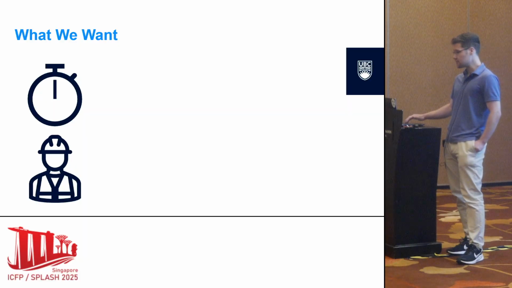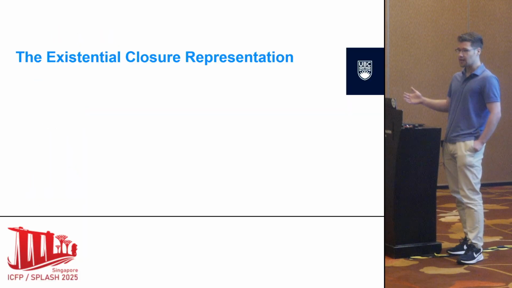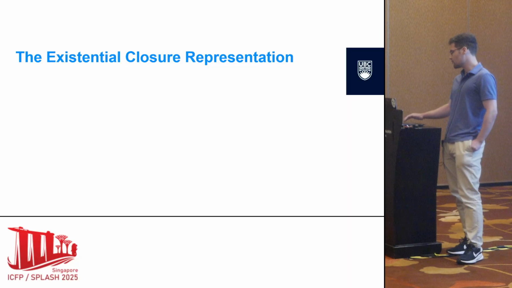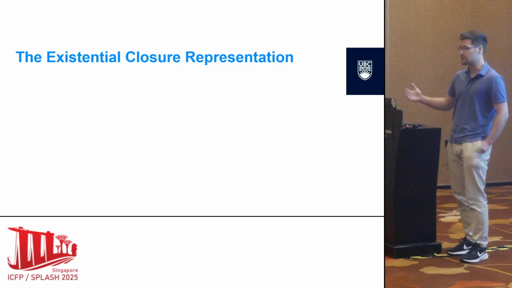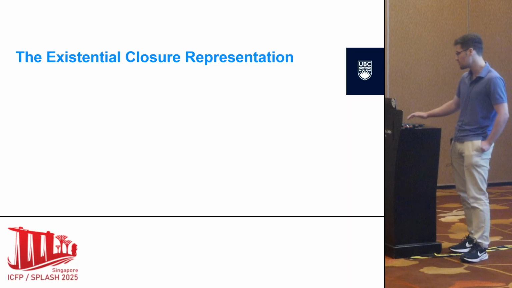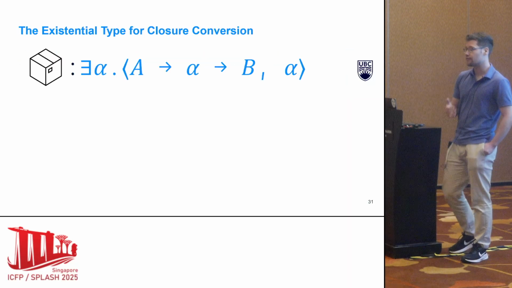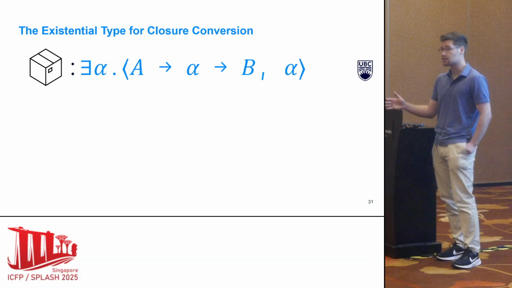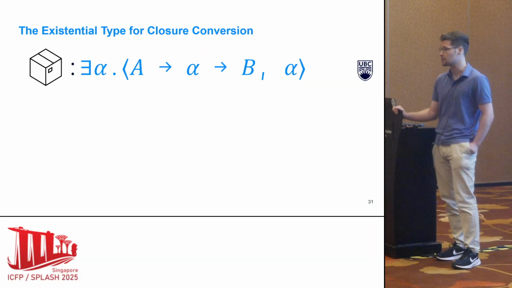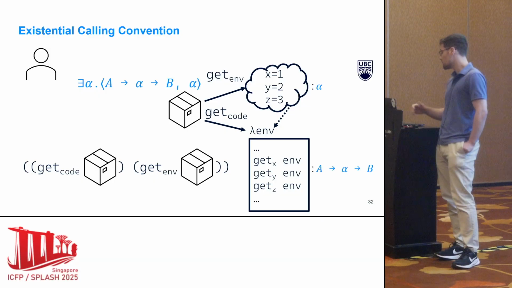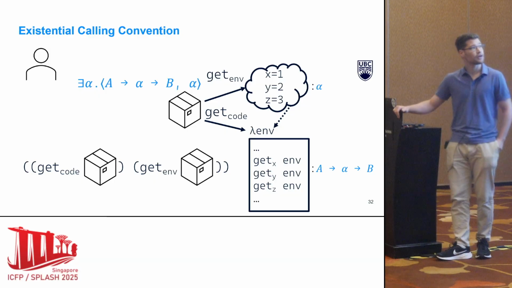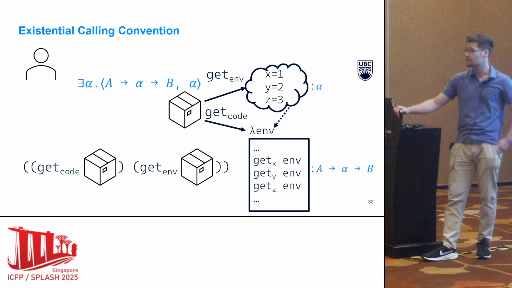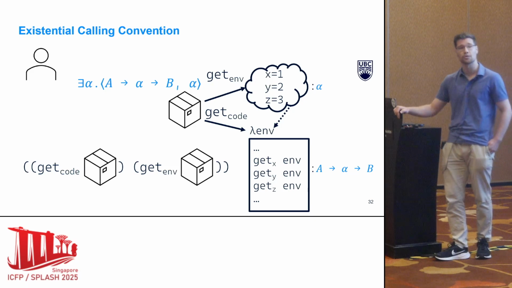We want both of these things. As we're about to find out, the state of the art doesn't support both of them. What is the state of the art? It's the existential closure representation. We're going to give the closure an existentially quantified pair, where the type of the environment is what is being existentially quantified over. So we project out the environment, and it has the existential variable type.